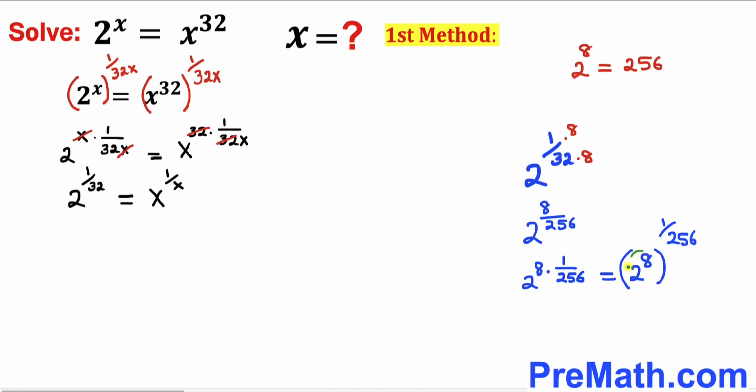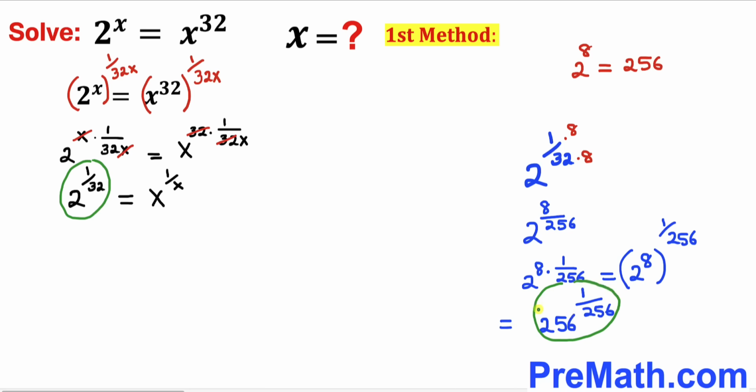And now we know that 2^8 is 256. So this is going to be equal to 256^(1/256). So we can see that this left hand side 2^(1/32) turns out to be equal to 256^(1/256).